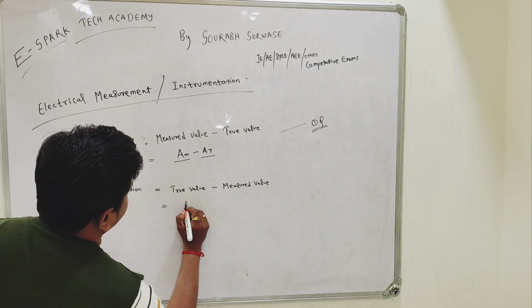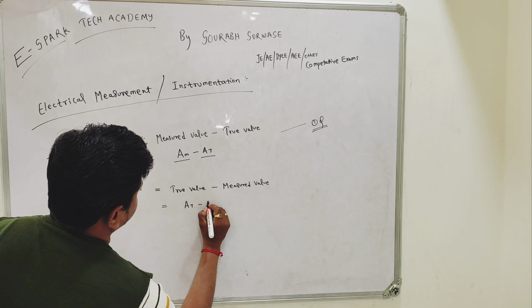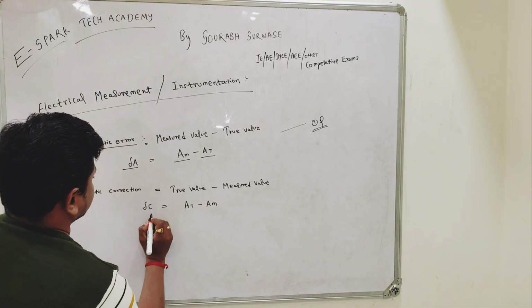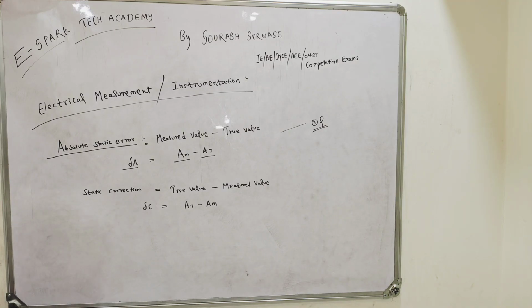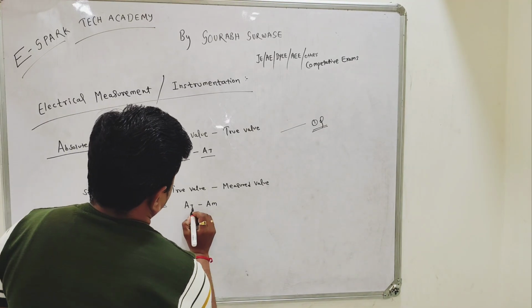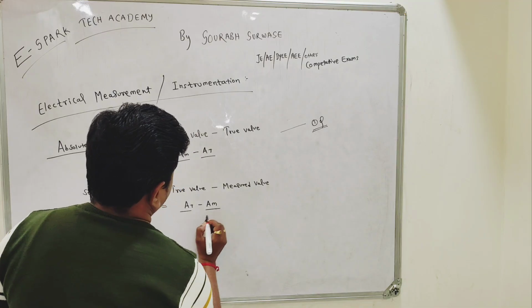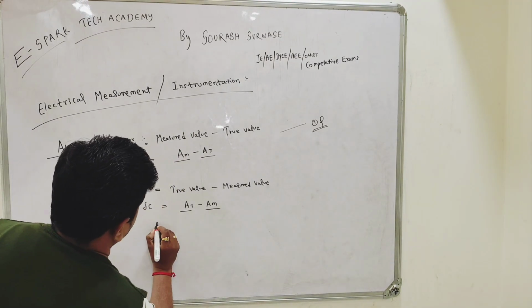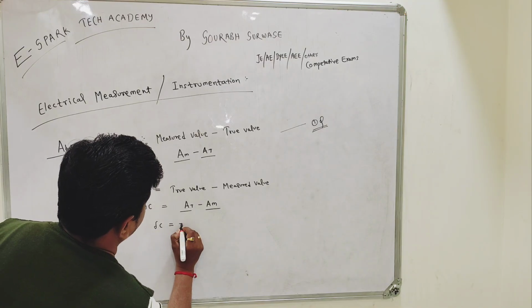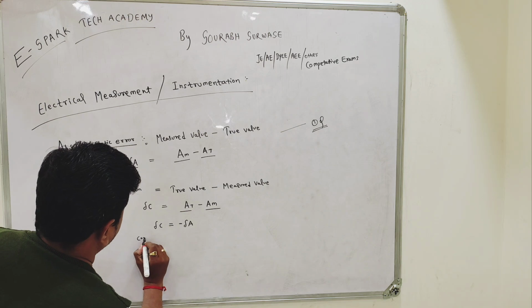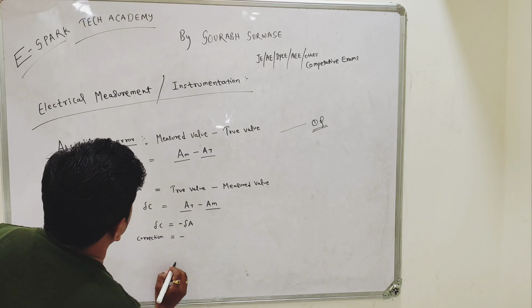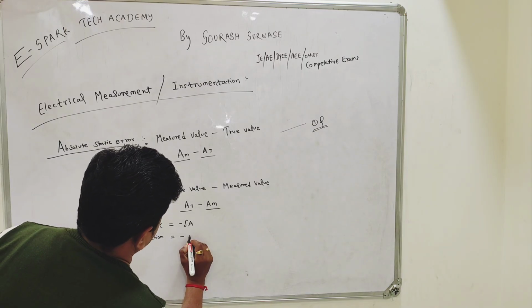It will be AT minus AM. It is delta C. It is a correction. Here you can say delta C will be minus of delta A, meaning correction is equal to minus of error.